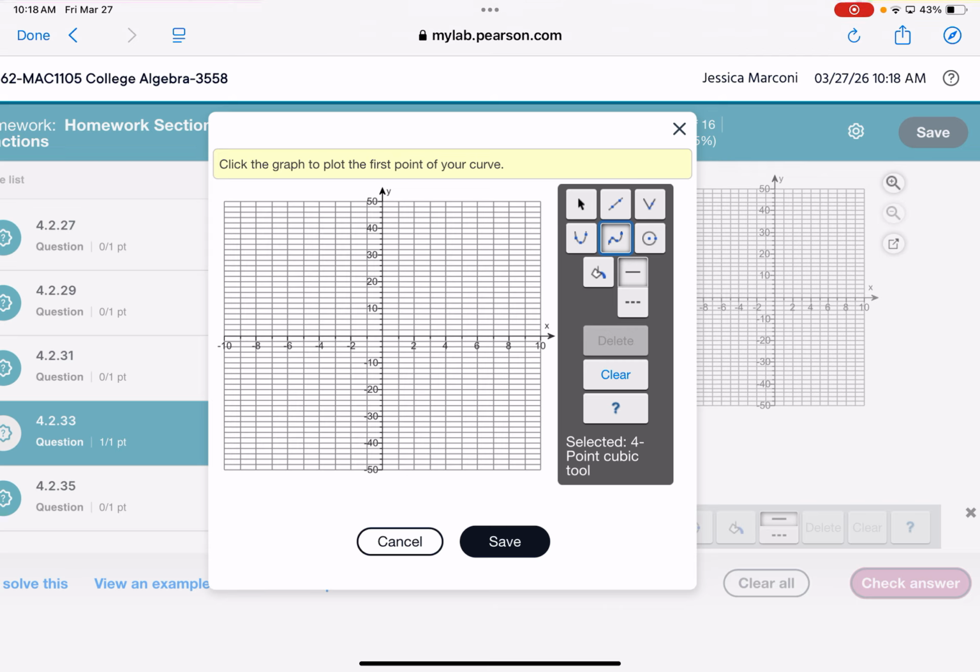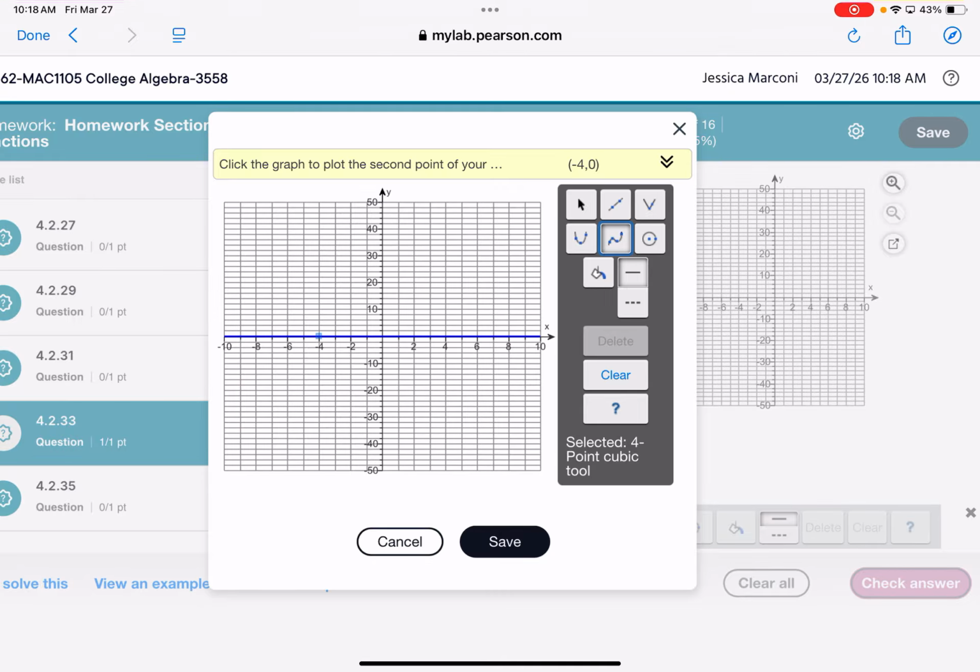Right? And then we will start with plotting the first x-intercept to the left, -4. Okay, so there's that. I want to see something real quick if it does work. Oh, it does work.